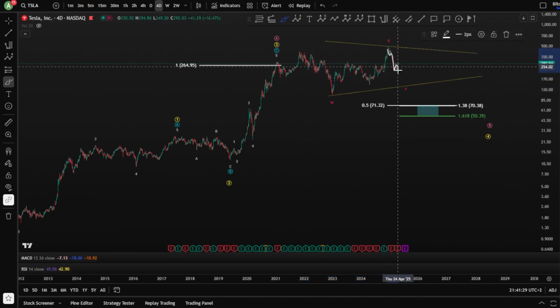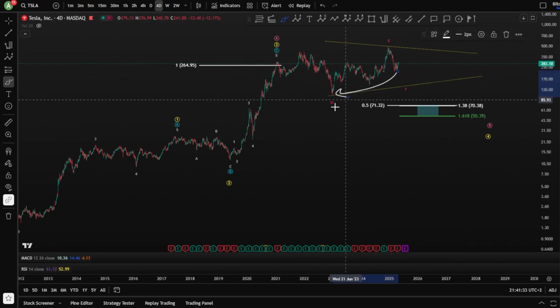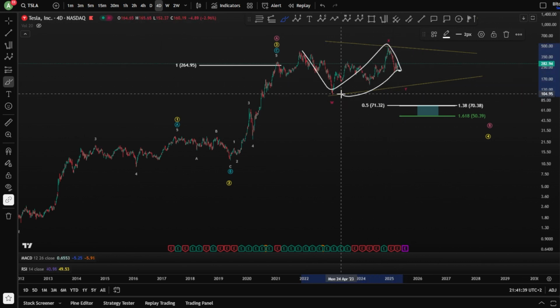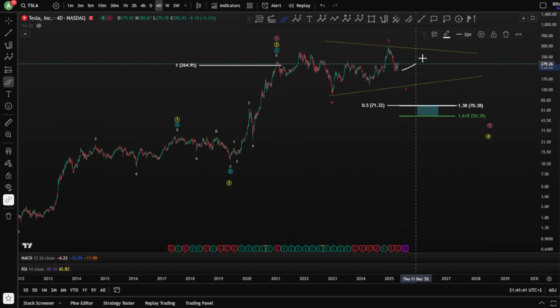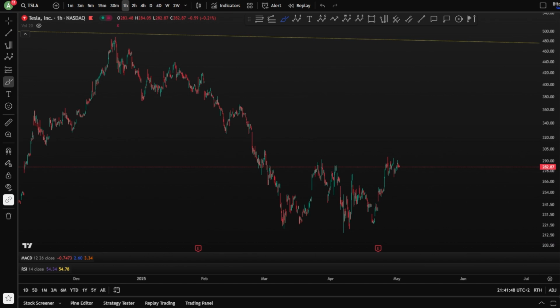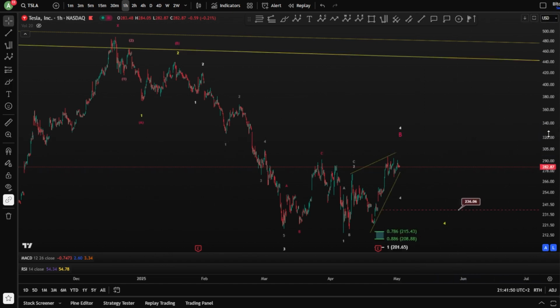In case this is 5 waves, it can still fail to take the low, which is supposed to look like an expanding flat, finishing 5 waves short and failing to take the low, then moving toward the upside. This is the only bullish scenario that I see for Tesla right now, in case we are bullish.